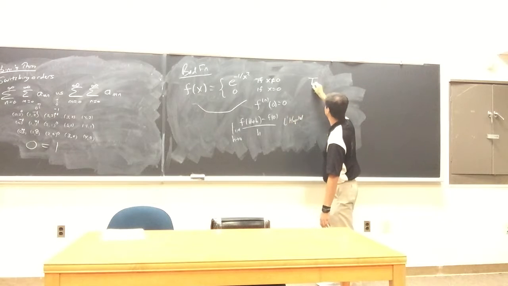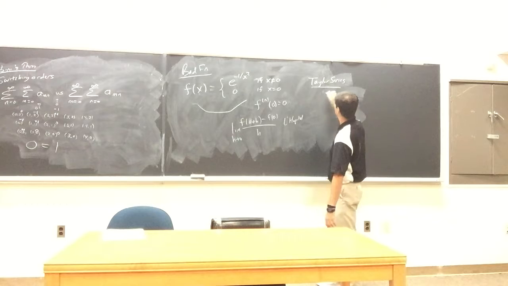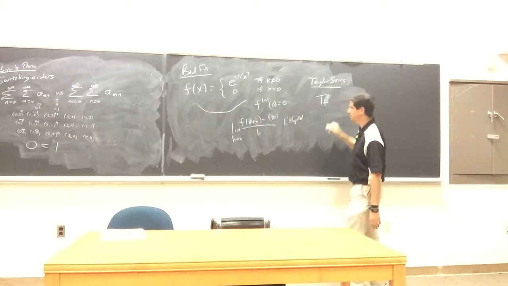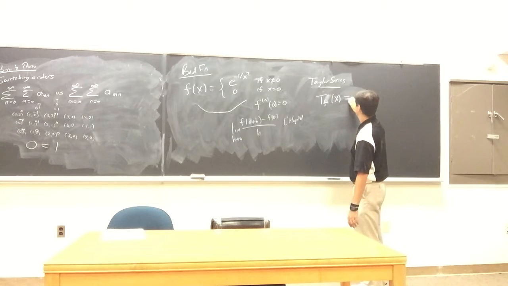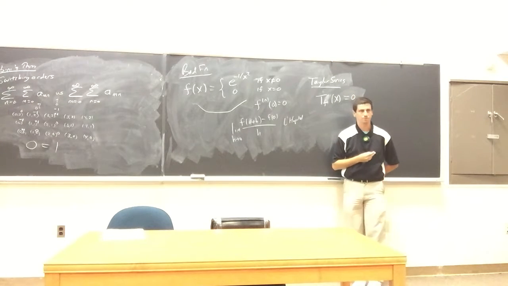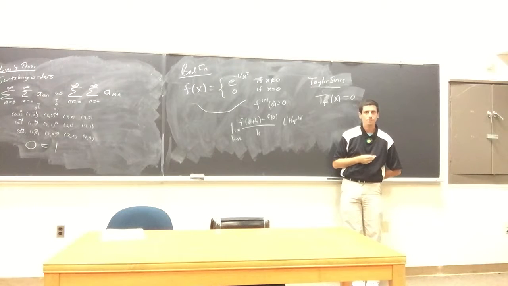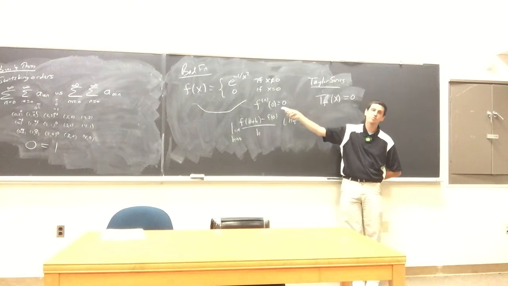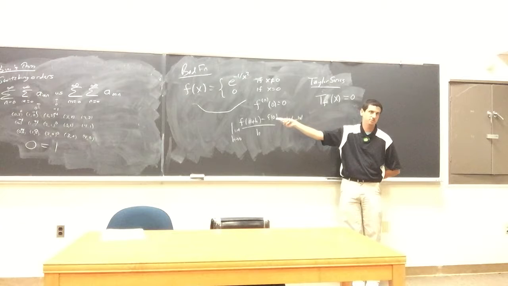So the Taylor series, I'll write T sub f for the Taylor series of f at x, is the function that's identically 0. The only point where this agrees with the function is at 0.